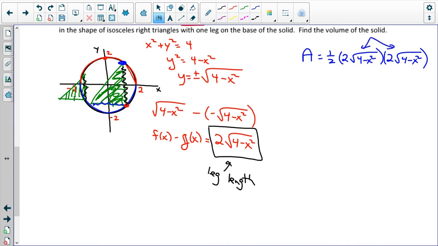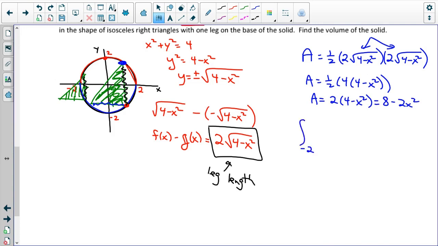Since these are going to be the same, we can just write it twice, or we could put a squared if we wanted to. So area equals 1/2 times 4 times 4 minus x squared. So the area function that we're going to be integrating is 2 times 4 minus x squared, which is 8 minus 2x squared.